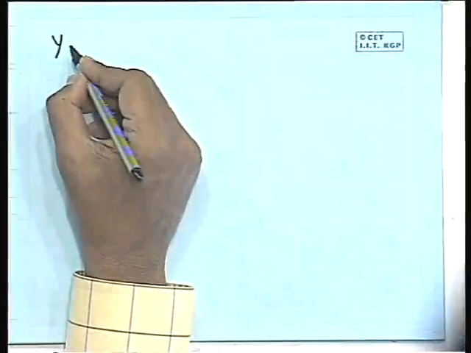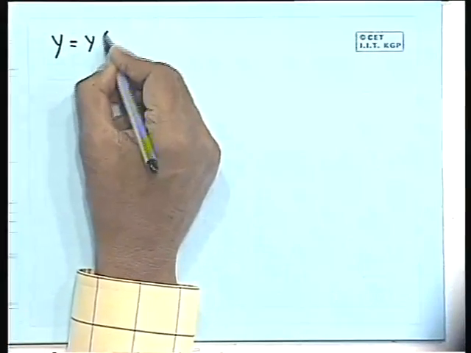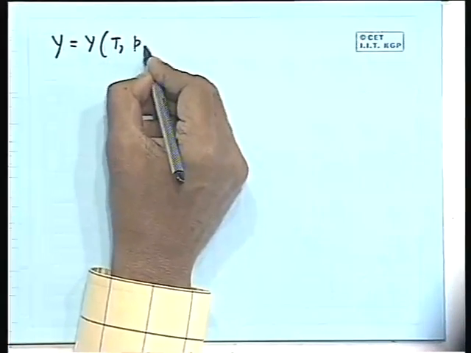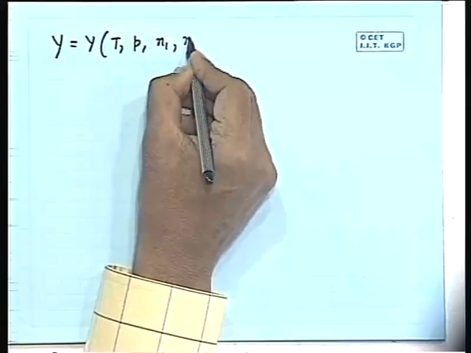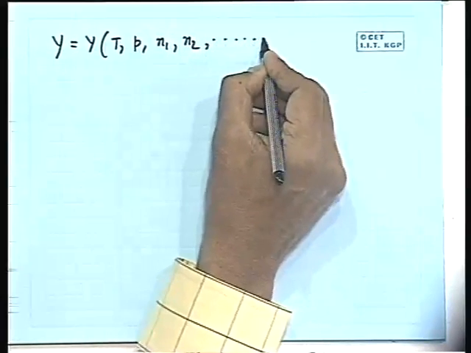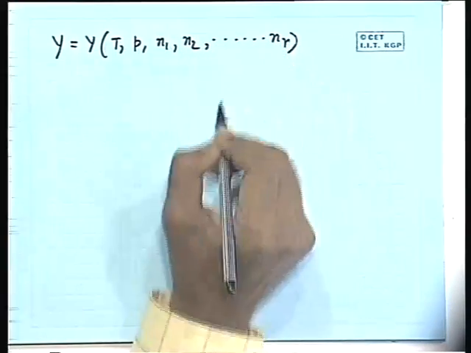Let us consider Y, an extensive property, as a function of temperature, pressure and the number of moles. Let us say R number of components, R number of moles.